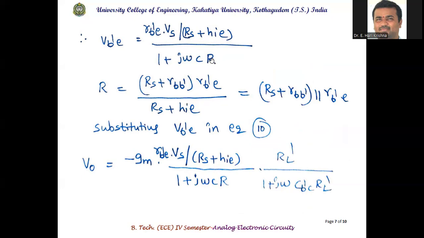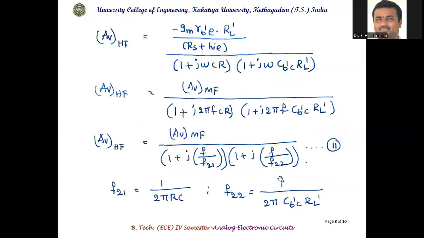Substituting this simplified VB'E into equation 10 gives V0 equal to minus gm RB'E Vs divided by Rs plus hie. So this is AVHF, making all substitutions: minus gm RB'E multiplied by RL' divided by Rs plus hie, that is 1 plus j omega CR from one side and 1 plus j omega CB'C RL' from the other side.